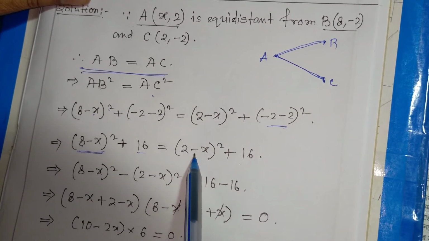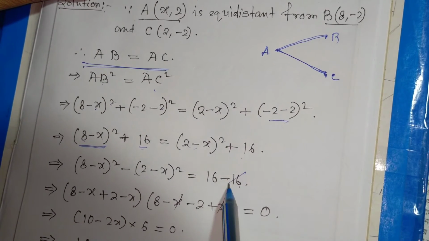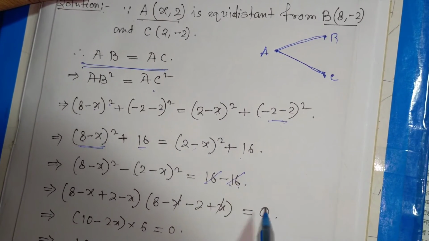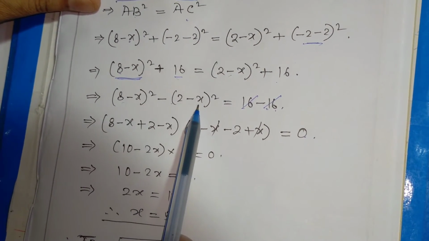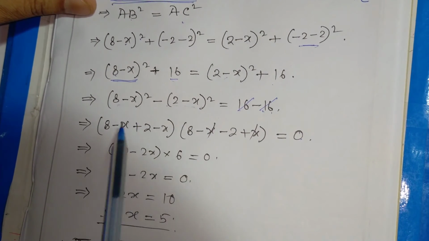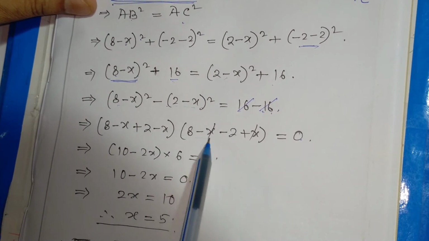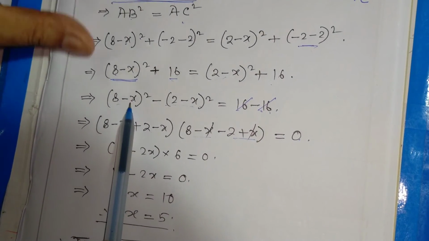Now I have taken this part on this side and 16 taken here. After cancelling 16 and 16, it becomes 0. Now see here, a square minus b square. We can apply this formula. What is the formula? (a plus b) into (a minus b). Here a is 8 minus x, and b is this one.